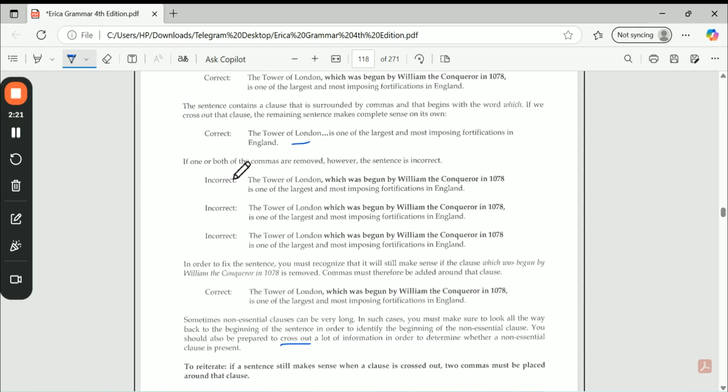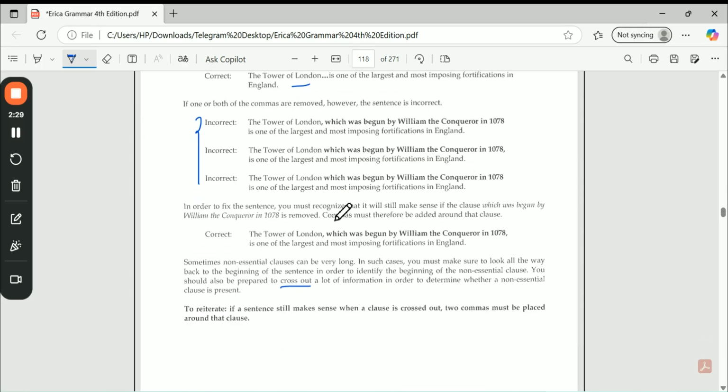If one or both of the commas are removed, however, the sentence is incorrect, so we can see those examples. In order to fix the sentence, you must recognize that it will still make sense if the clause which was begun by William the Conqueror in 1078 is removed. Commas must therefore be added around that clause.